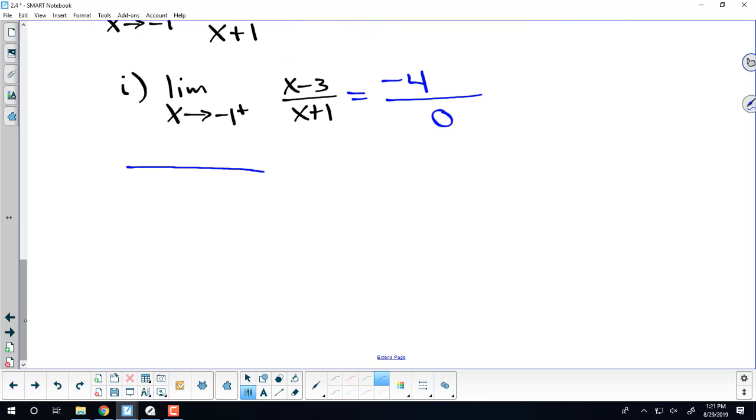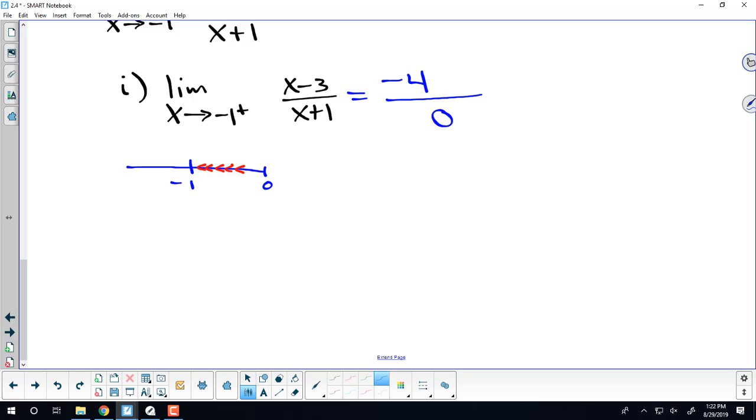If you have to draw a little picture here, that's fine. Just do it. Here's -1. I'm approaching -1 from the right. So here's 0. And so really what we're doing is we're just adding all of these numbers, in essence, to the +1 in the denominator. So if I take any of those numbers that are to the right of -1 and add them to 1, then they'll always give me a really small positive number, right?